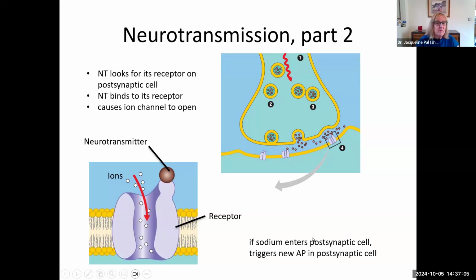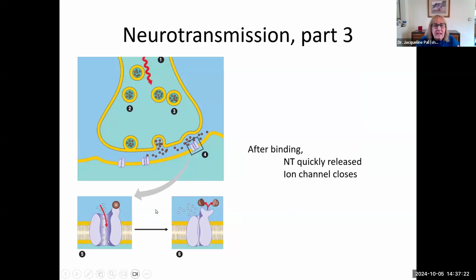If sodium is entering the postsynaptic cell, it can trigger a new action potential in that postsynaptic cell. You're going to have depolarization and it would carry on down that plasma membrane. Almost immediately, that neurotransmitter gets kicked off of its binding site and that ion channel closes.